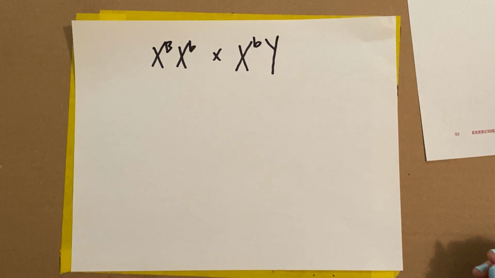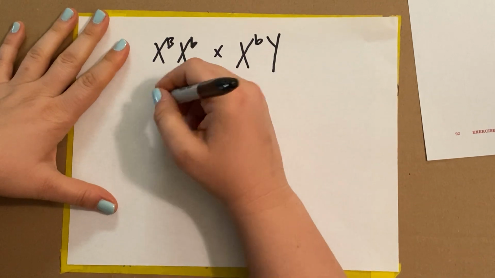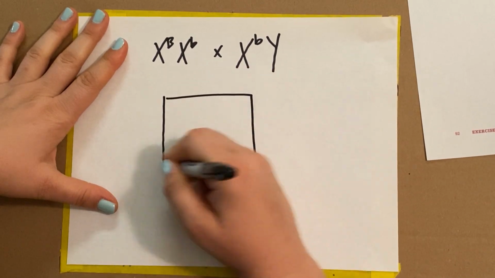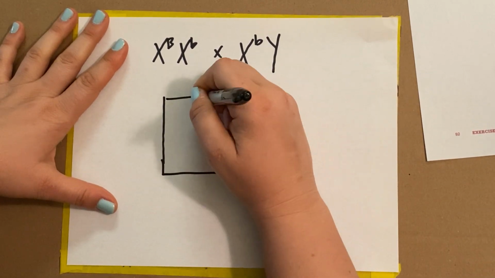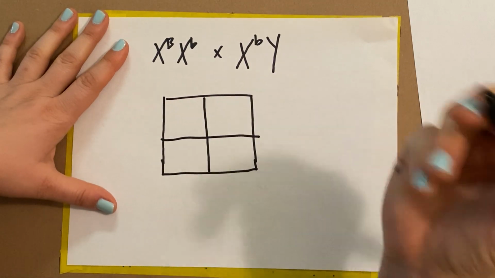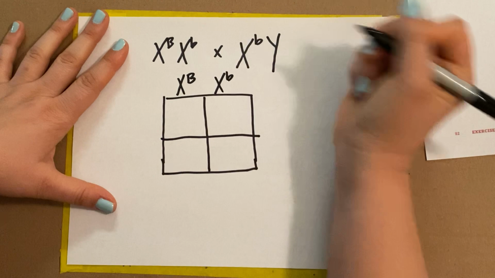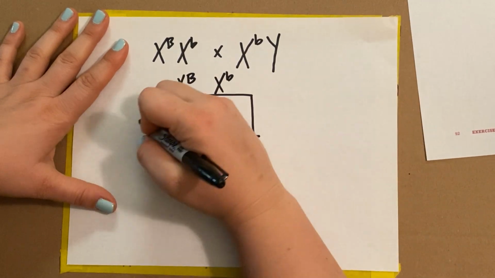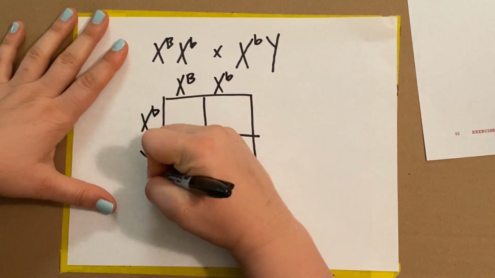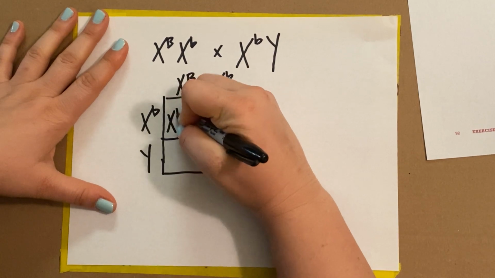Okay, and then it says, draw a Punnett square, and then look at the phenotypic ratio. Okay, so we know that she's a carrier, and now that we have a father that is colorblind, we're going to have an increased number of colorblind offspring. And most likely a girl is also going to be colorblind.